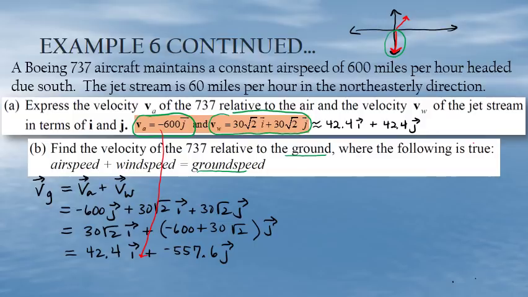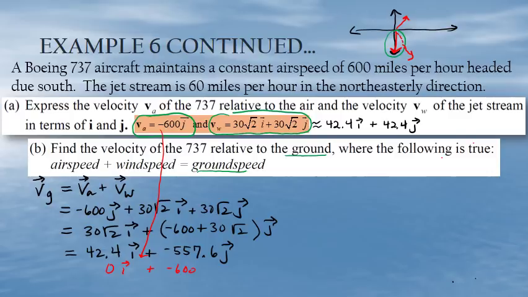So it was going nowhere on the horizontal axis and going down 600. Now, if you go up to the top and look at my graph, now I'm actually moving a little bit to the right and not down quite as far. So it looks like my plane has been moved a bit east because of that wind. We've got another question to ask on the next slide.